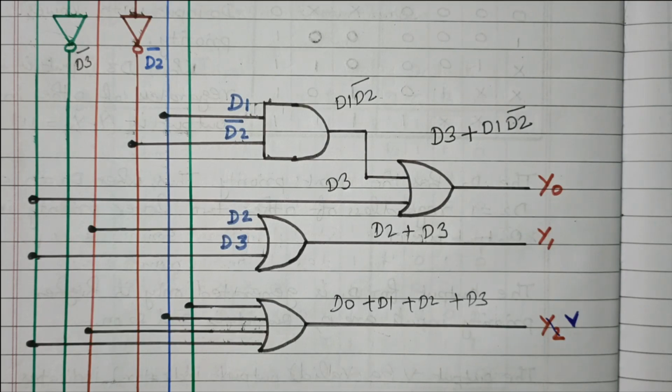If D3 is 1, then it will generate only 1 1 as output. If D2 is 1 but D3 is 0, it will generate 1 0. If D1 is 1 and D2 and D3 are 0, it will generate 0 1. If D0 is 1, it will generate 0 0. Based on that we have the truth table. Then we discussed the detailed truth table. From the truth table, using K-map, we got the logical expression. Then the logical expression was implemented with logic gates.